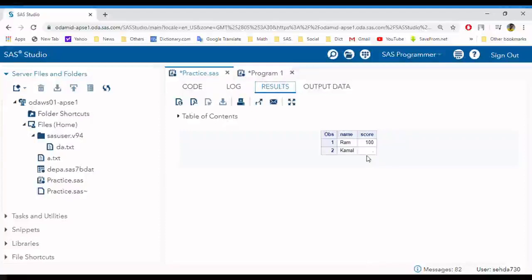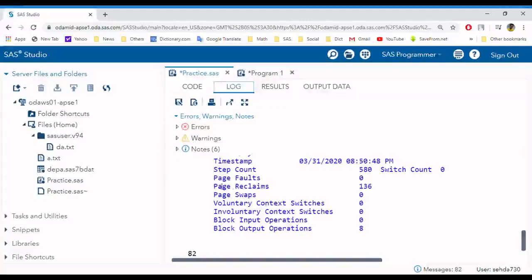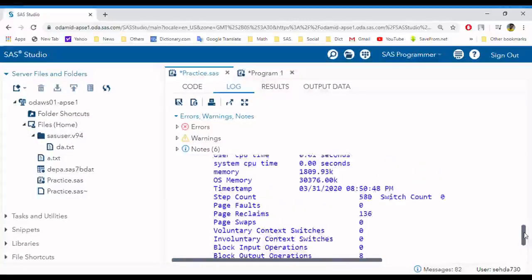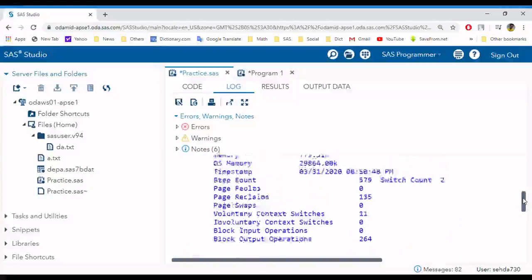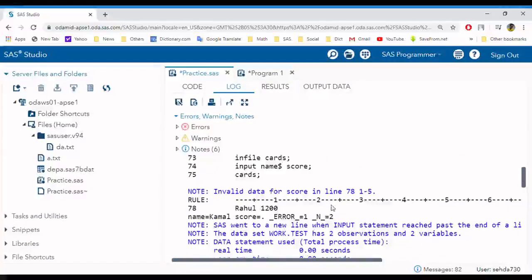Okay, you see the 1200 is missing and the data is totally messed up, and even that is not reflected directly in the log, right? But if you look under the note, you see it's saying the error hit on line number 2. So understand with the help of this note: while reading the first line, it read Rahul and 1200.